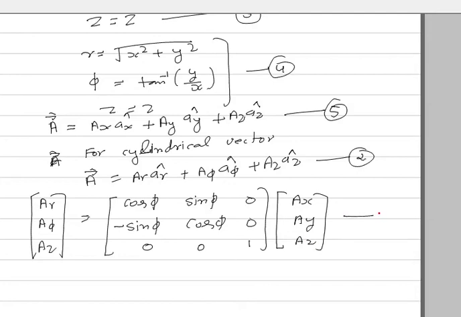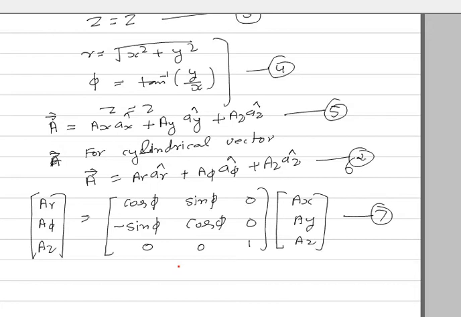This is equation 6. For the conversion from Cartesian to cylindrical you can use this matrix.